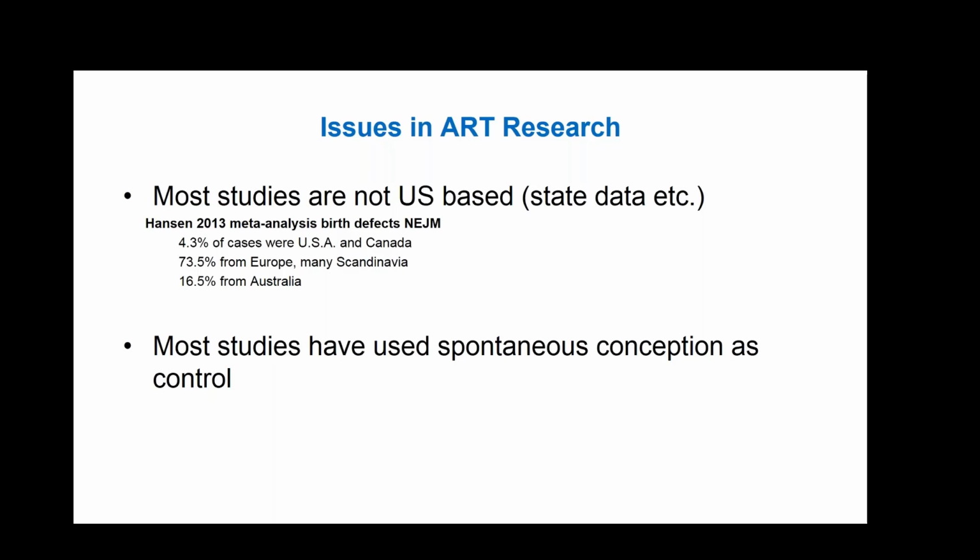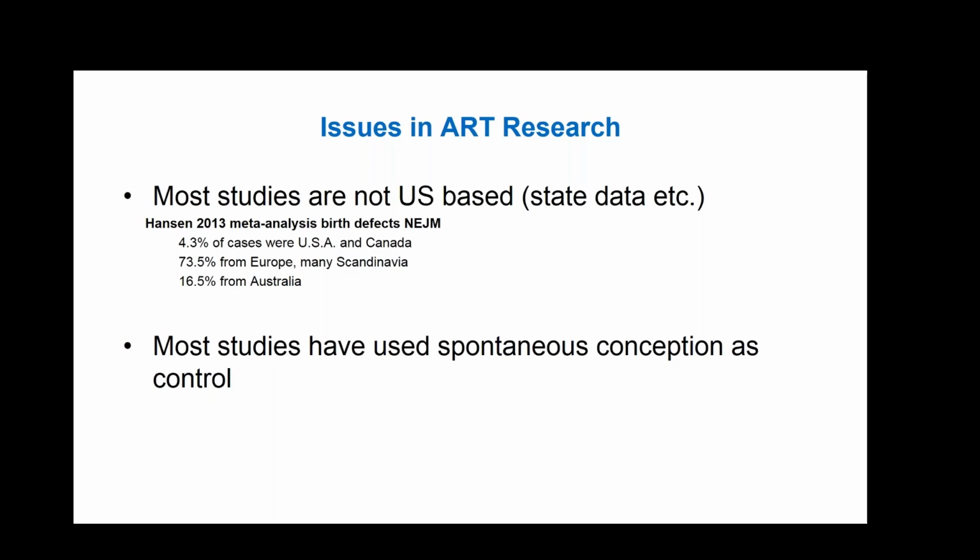In this study, only 4.3% of studies reported on were from the US or Canada, whereas most of the others were from Europe or Australia, 73.5% from Europe, many of those Scandinavian countries, and 16.5% from Australia.